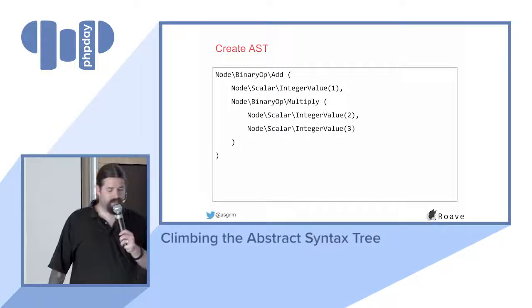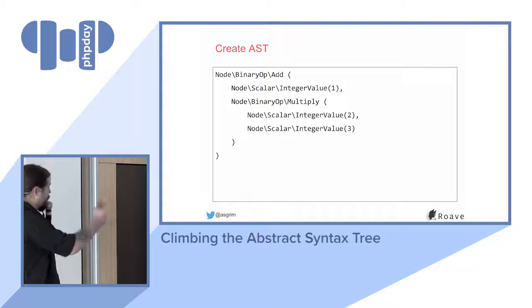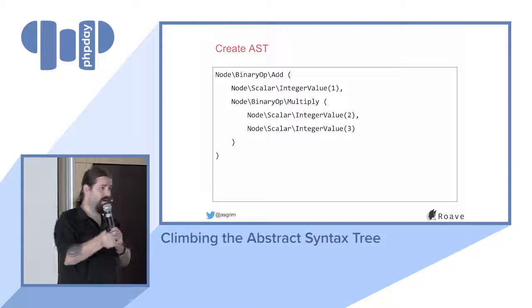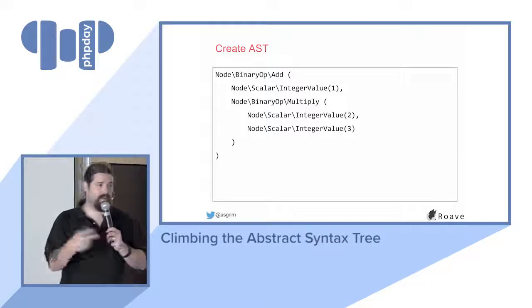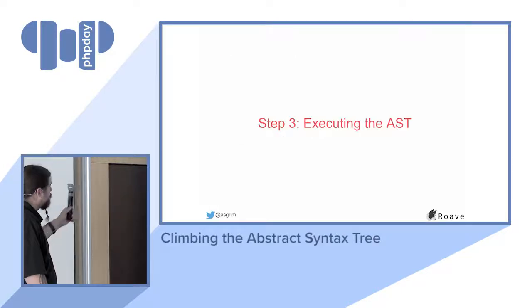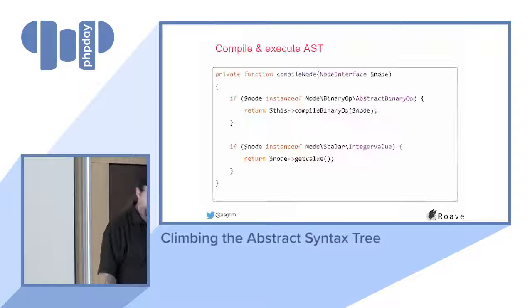And we end up with something looking like this. Great. So we've got an add node with an integer value 1. We're multiplying it, and we've got two operands. They're the left and the right operand, as we expect. Good. All right. Now we have this AST. We need to execute it.